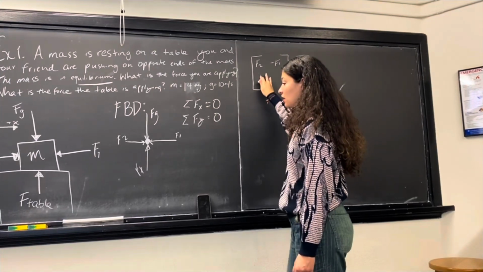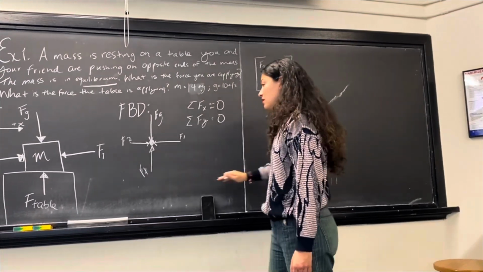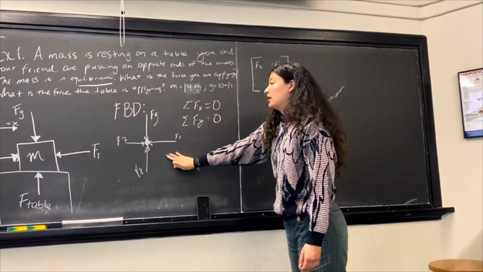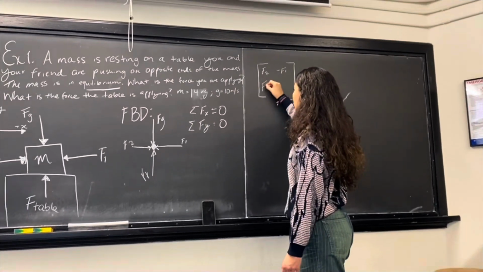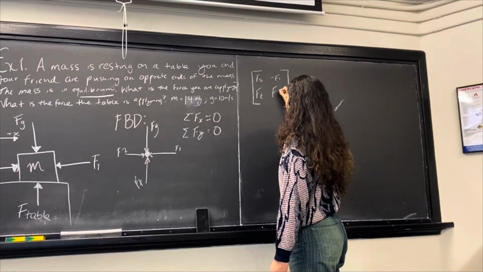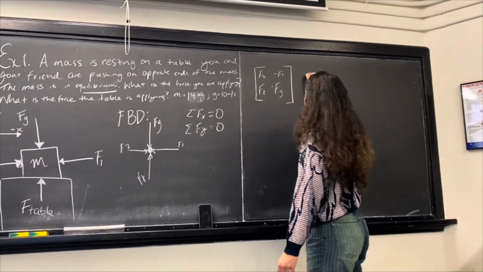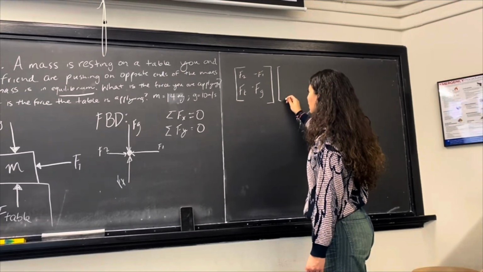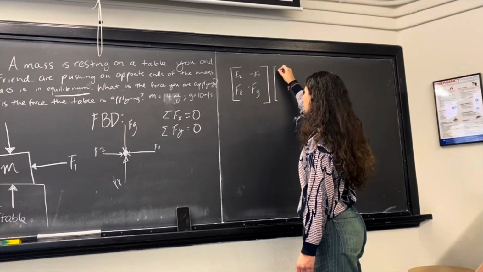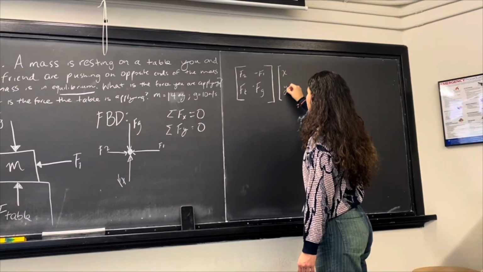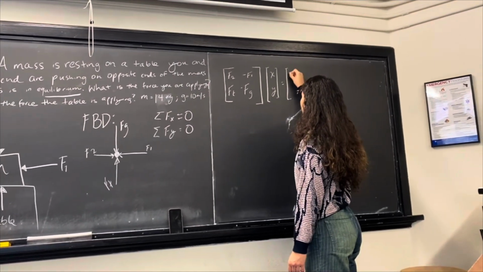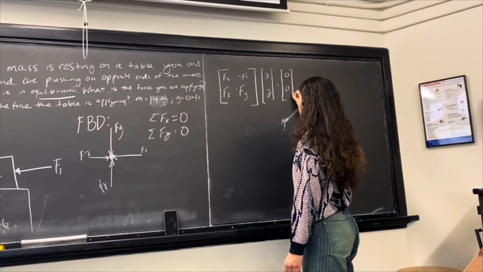We have Ft acting upwards in the positive direction, and Fg in the negative, Ft and negative Fg, where we know that these are forces in x and y, so this is in x and this is in y, and because it's an equilibrium, it must be equal to 0.